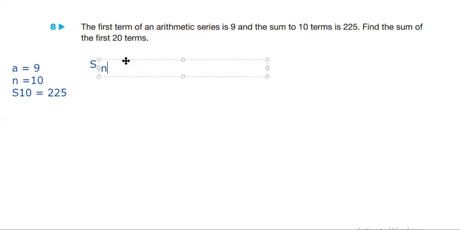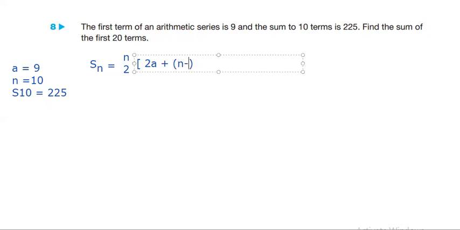Make sure that you write the formula in every question, because basically when you write formulas, you get 1 mark, and then they start counting your marks depending on your steps. So the sum of n will equal n over 2, and then we have a bracket here, and then we have 2a, plus the bracket, which is n minus 1, and then multiplied by the d.